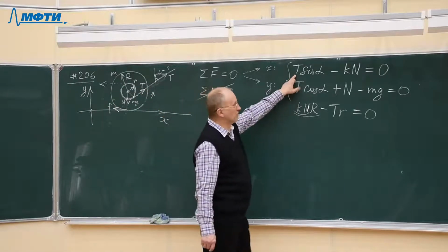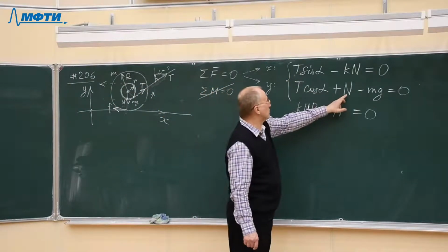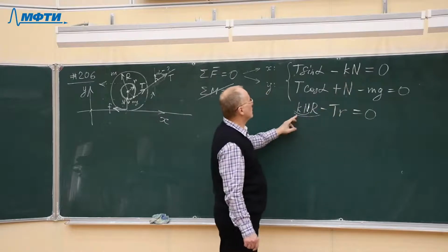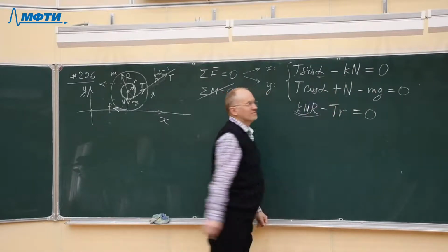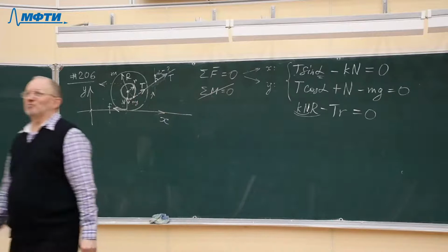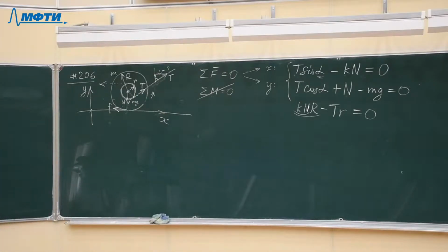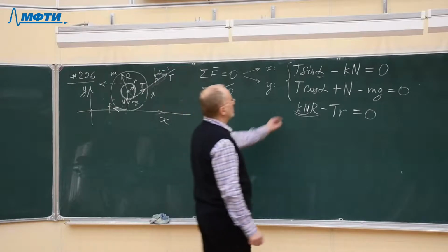No, we don't need to find N. We don't need to find the coefficient of friction. What we need to find is alpha in this problem. So we have some equations which must somehow be tackled and solved to find the condition for alpha.